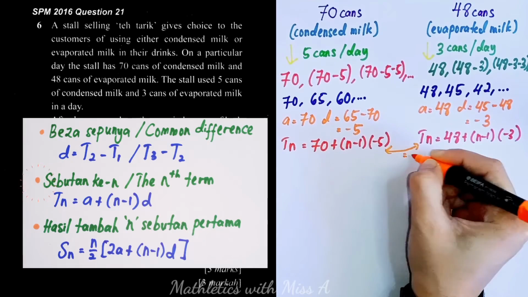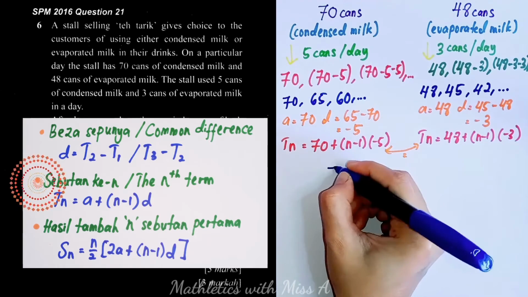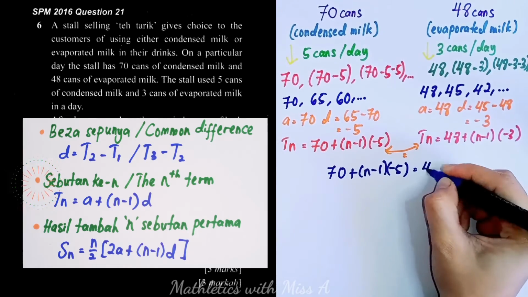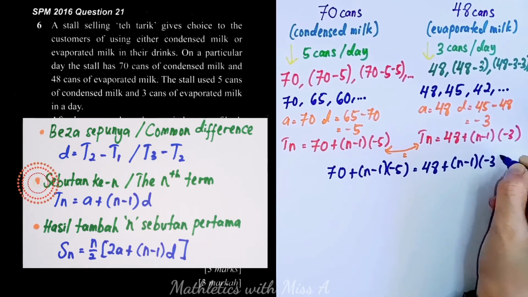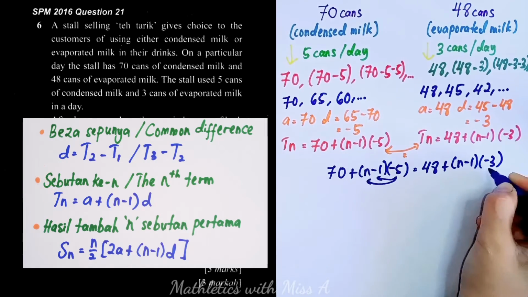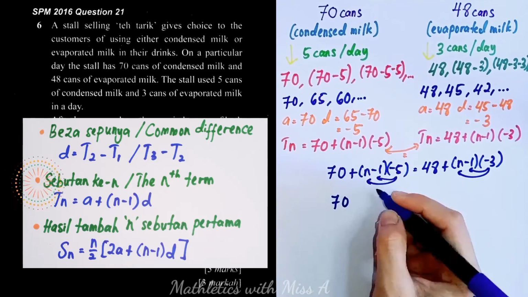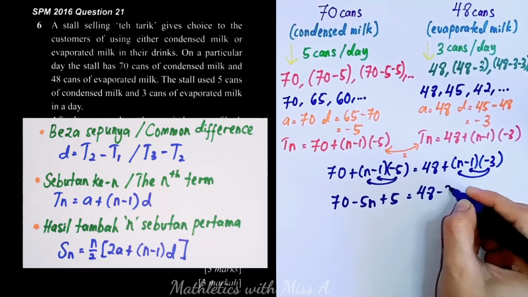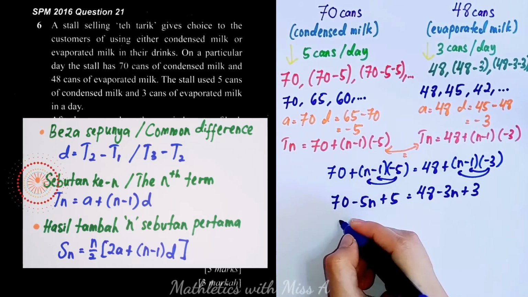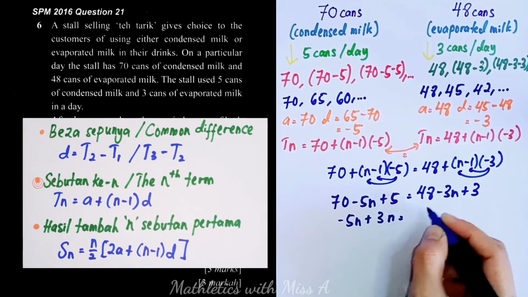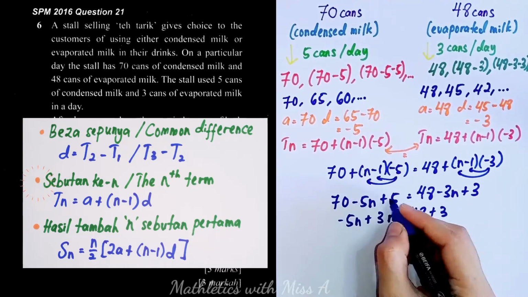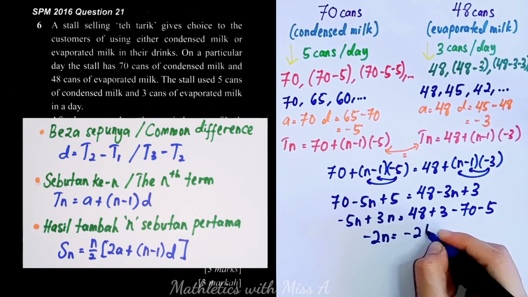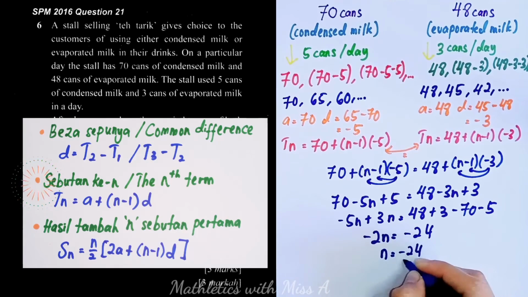So we equate each other to find the value of n. 70 plus in bracket n minus 1 times negative 5 equals 48 plus in bracket n minus 1 times negative 3. So expand, and then rearrange. So solve. Negative 2n equals negative 24, so n equals 12.